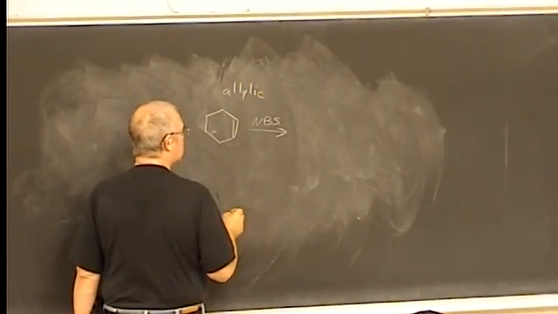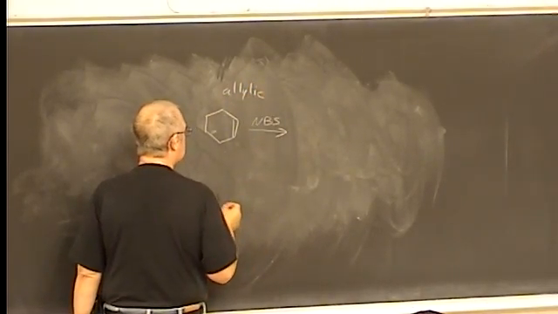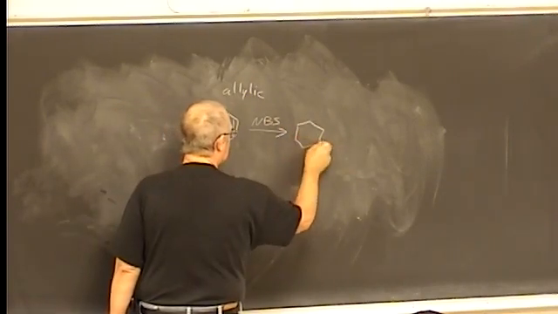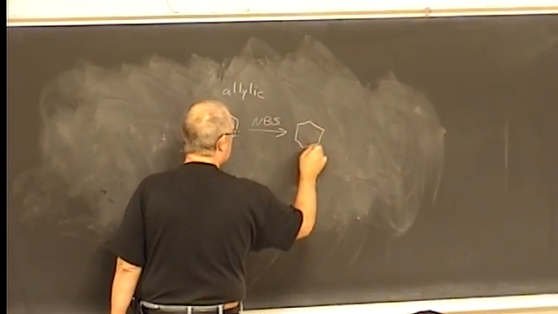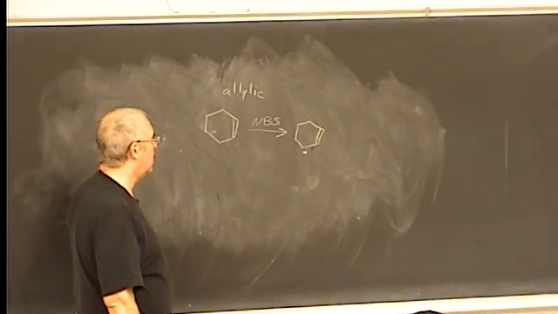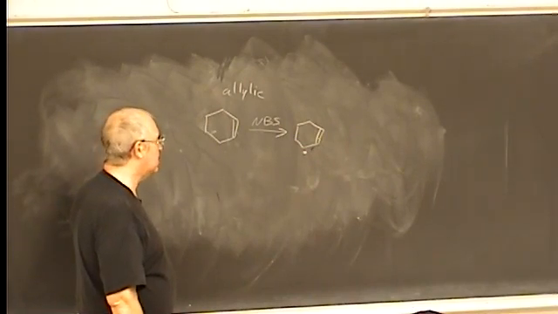It's called NBS, which stands for N-bromosuccinimide. This will go through the allylic free radical. This is the most stable free radical, and the reason is because of resonance.